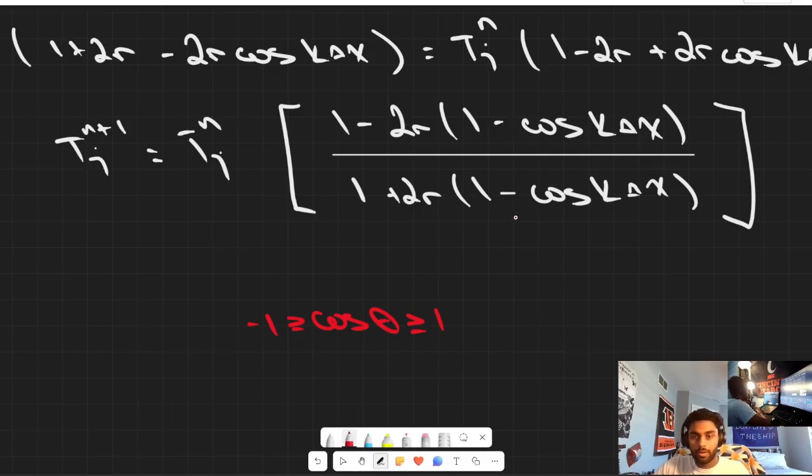On the bottom, same thing: 1 minus -1 gives plus 4R, so this is going to be 1 plus 4R down here. So essentially we have 1 minus some number bigger than itself over 1 plus that same number, which is to say that anything in this parenthesis can't exceed 1. There is no way for it to possibly exceed 1.